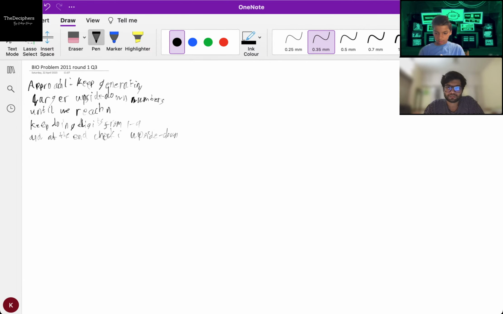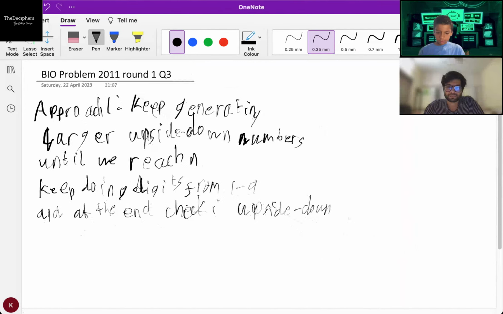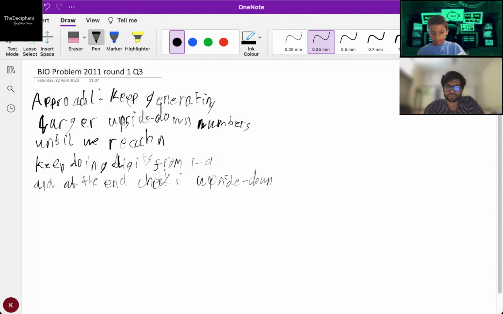So what I was thinking of is, if we knew the length, we could just go up to that length, divide by 2, and then just do 10 minus every digit of that. But we don't know the length, so we can't do that.